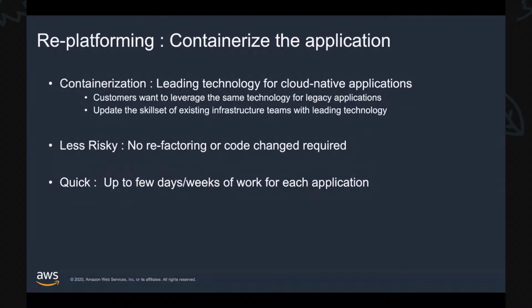In addition, we also launched App to Container, which is the topic of today. And this is where we can help customers to take their applications, containerize it, and deploy it to AWS. We are going to dive a little bit deeper on this talk.